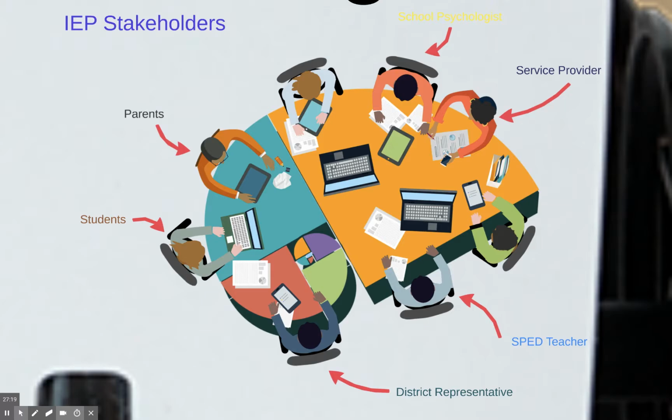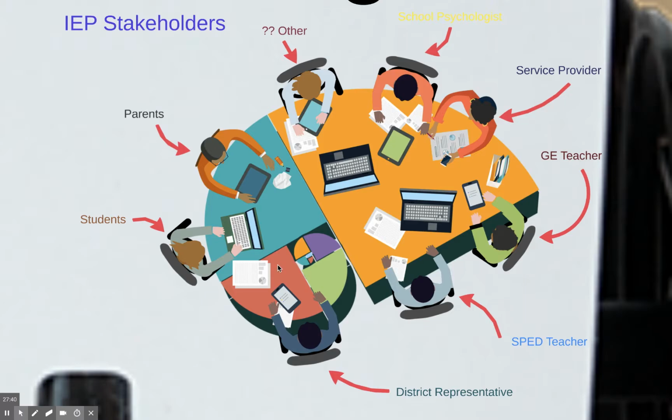It's a really important person to have at the table. They also have to sign off saying that they agree. GE teacher, other. It's really open who's considered for the IEP. You just need to talk to the parents beforehand, make sure everybody is aware of who's at the IEP and comfortable with who's at the IEP.